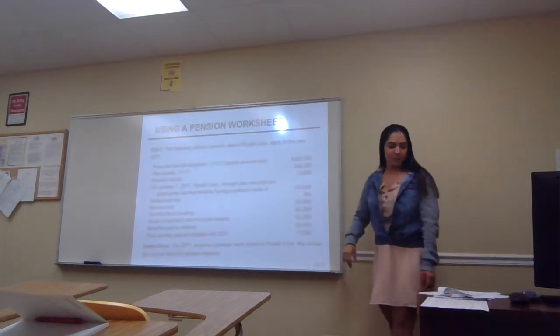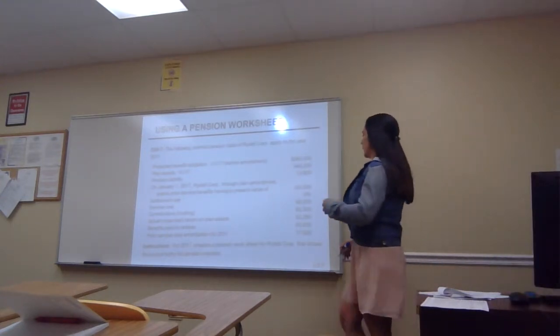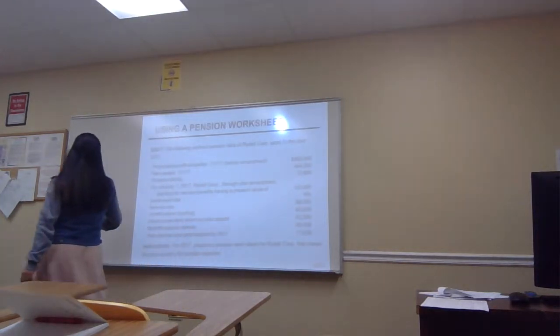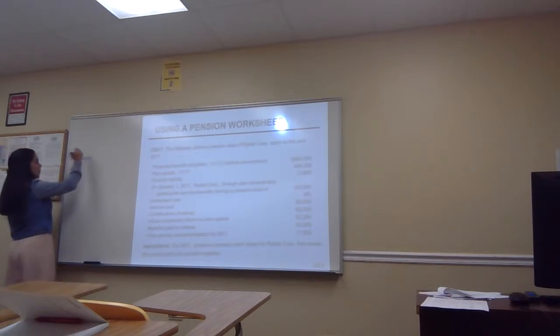Okay? So I'm going to write the information on this side, just so we have the details, and then we'll start dropping it in. So we have PBO 560,000. And notice how it says before the amendment, because that's important when we get to the worksheet. Before the amendment. So this is as of 1/1/17, before the amendment.